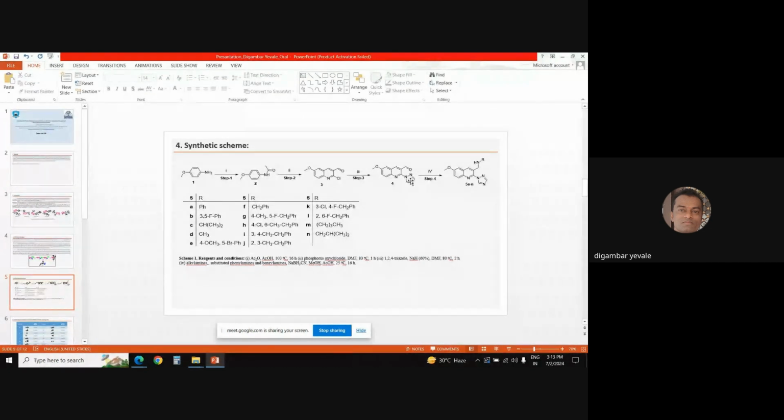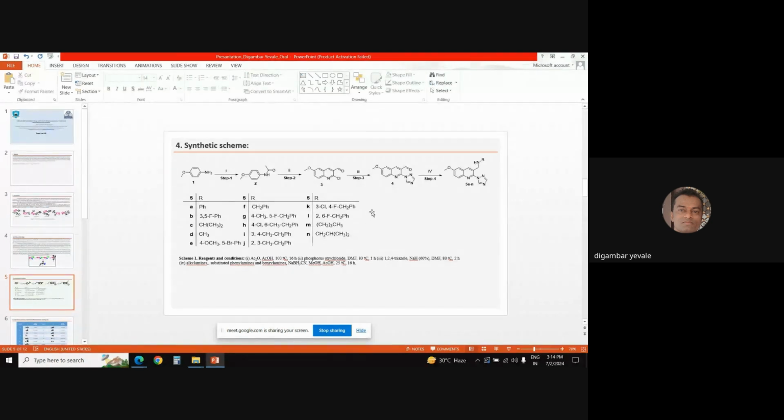In the third step, we have attached the triazole ring to the chloro by using sodium hydride and DMF at 80 degrees Celsius. Finally, we use this intermediate 4 as a common scaffold for coupling with different amines, aliphatic, aromatic, and benzylic amines, using reductive amination conditions. There we have used sodium cyanoborohydride, methanol, and acetic acid as solvent for the reaction.